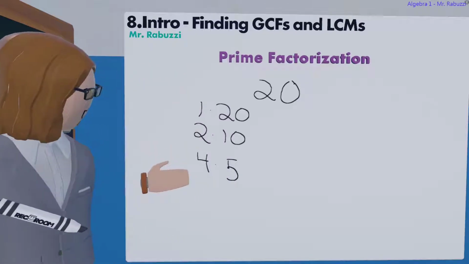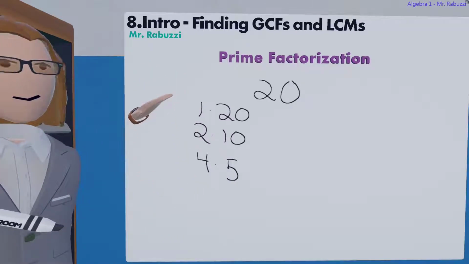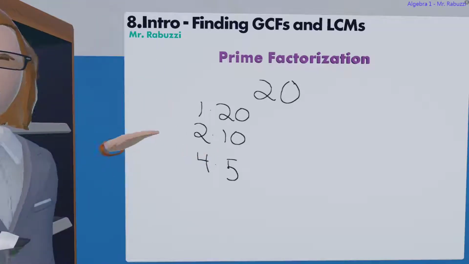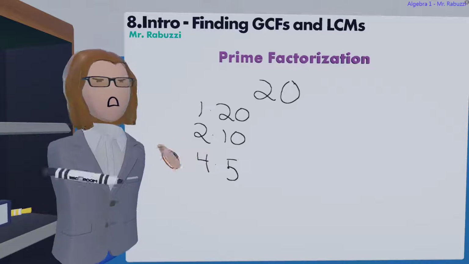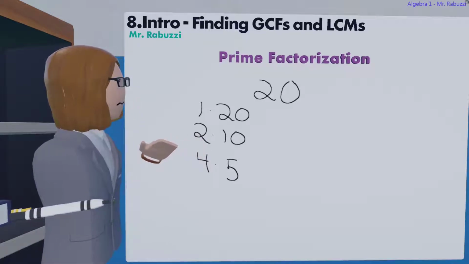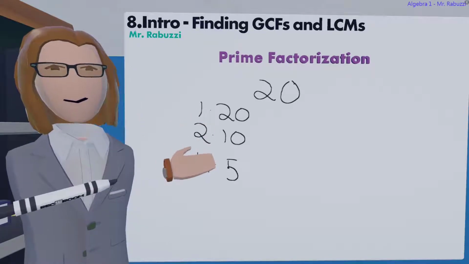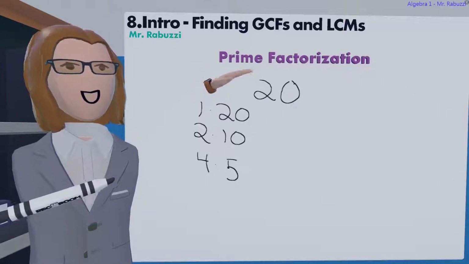Okay, there are the factor pairs. So if we want to list all the factors, here they are. No doubles, right? We don't want to put down the doubles. Those are all factors. We want to have prime factors.